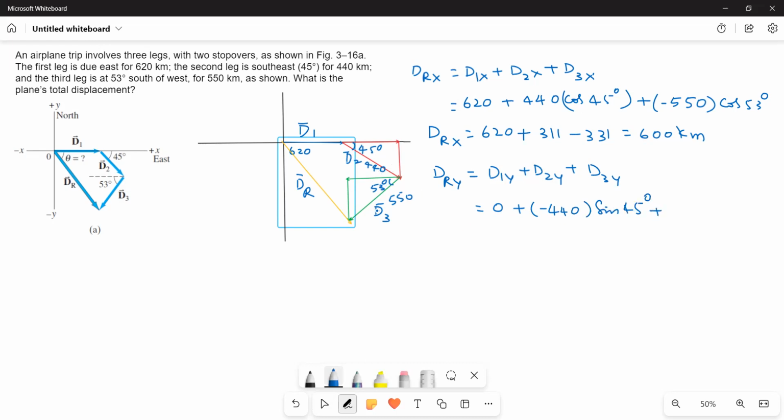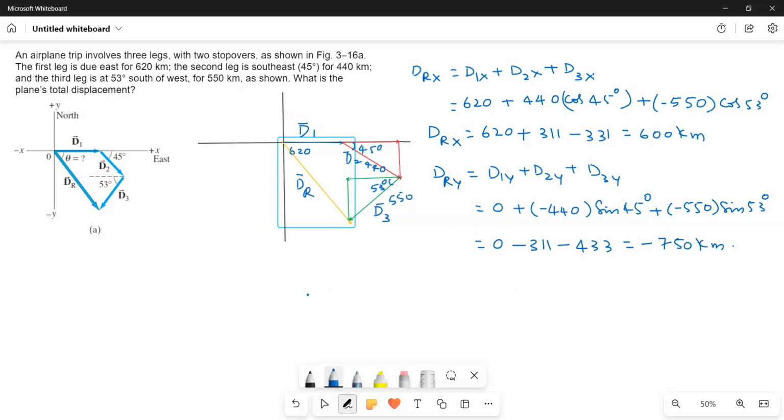And the next one is again downward, so this is minus 550 sine 53 degrees. Okay, so this gives 0, and then negative 311, and then negative 433. Altogether it gives a value of negative 750 kilometers.